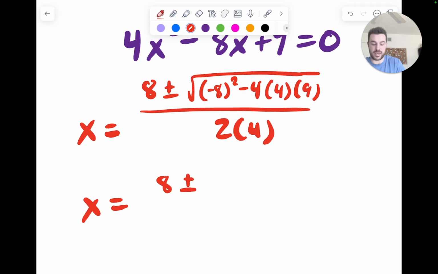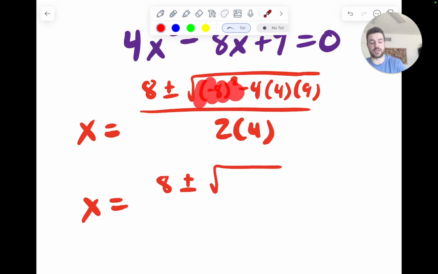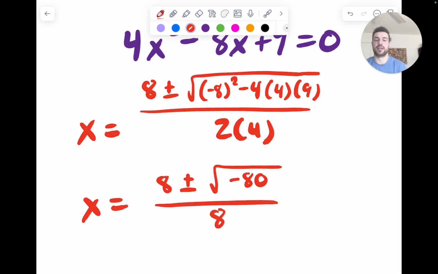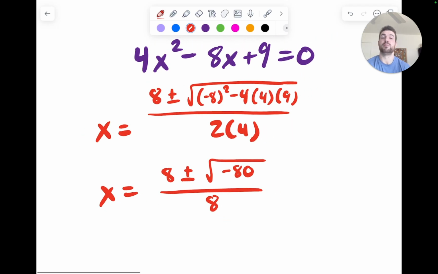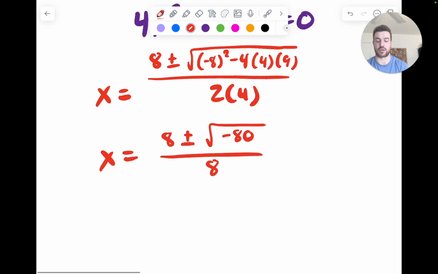If I just type my discriminant, which is the part underneath my square root here, into a calculator, I will end up with negative 8 squared minus 4 times 9 is negative 80, all over 8. Now, typically in the past, what we would do is we'd say, oh, okay, we're taking the square root of a negative, so that means we have no real solution. But now we know that this just means we have imaginary solutions, so we can continue to solve.